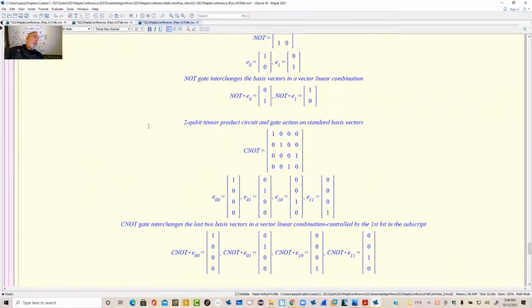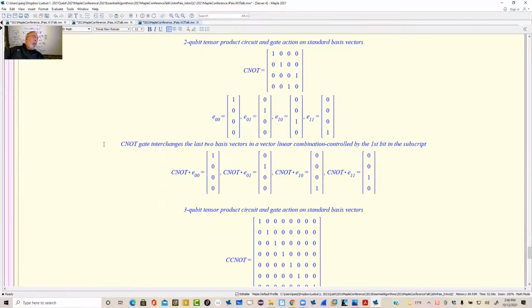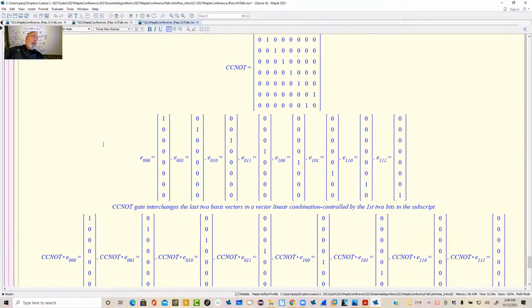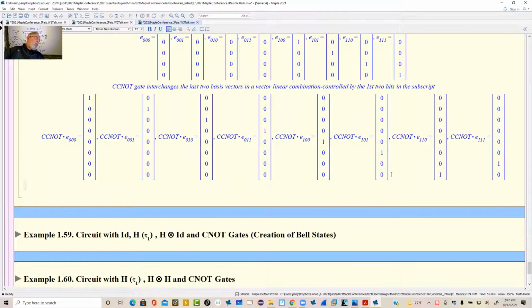The C-NOT switches the last two basis vectors in a linear combination, and it conditions off the first character of the subscript. Similarly for the CC-NOT: it interchanges the last two basis vectors in a linear combination, and that conditions off the first two characters in the bit string that names the basis vector.